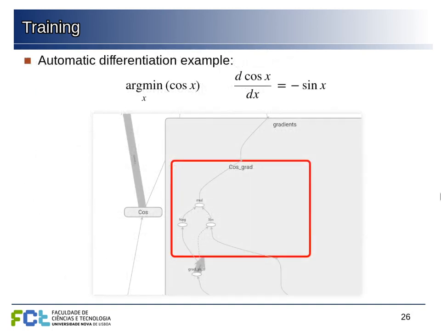So this is what we're going to see here. Imagine that we want to minimize this function, cosine of x. So we write these operations in TensorFlow. We have x, we compute the cosine, and now we want to minimize that. So basically, we have this computational graph. We get x, we get the cosine, and that is the result. But since we want to minimize this, we need the derivatives. And the derivative of the cosine with respect to x, in that case, is minus sine of x.